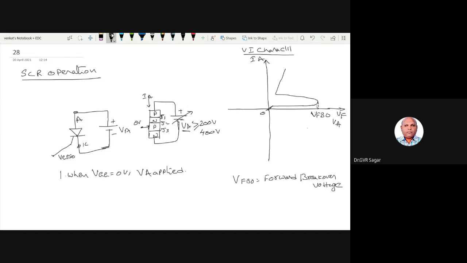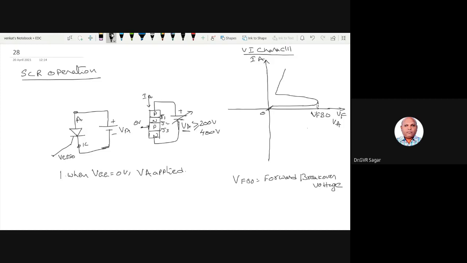At the voltage at which the SCR turns on or fires, that voltage is called the forward breakover voltage. After reaching this VFBO, immediately the forward or anode voltage comes down to a minimum value.